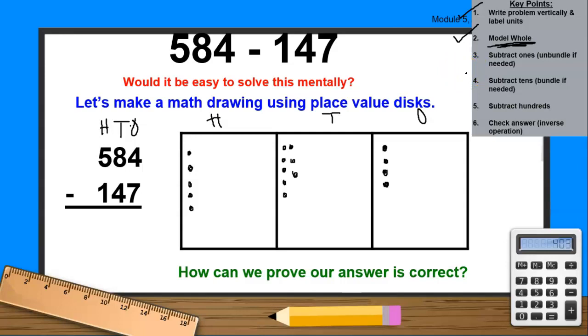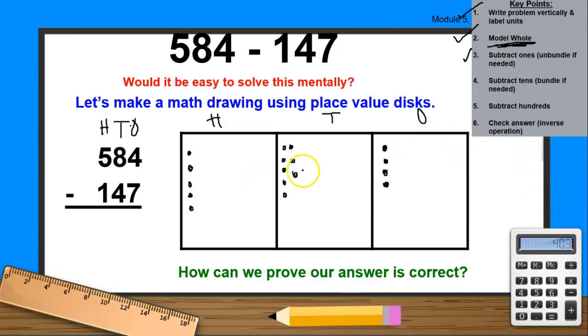Let's use a problem to set up the subtract. Ready? Are we ready to subtract in the ones place? That's the next key point. Subtract ones. I start with 4 ones and I take away 7 ones. Do we have enough? No, we don't, boys and girls. Where can we get more ones? From the tens place.